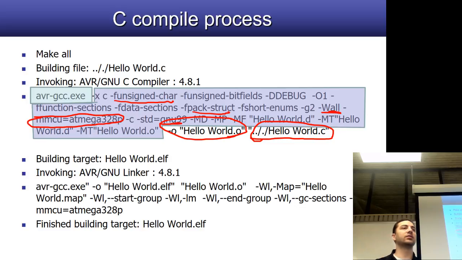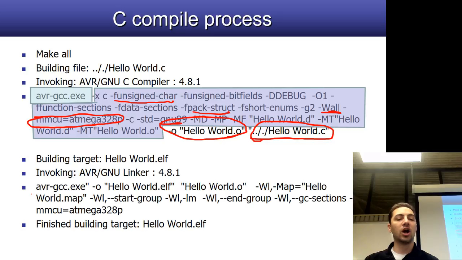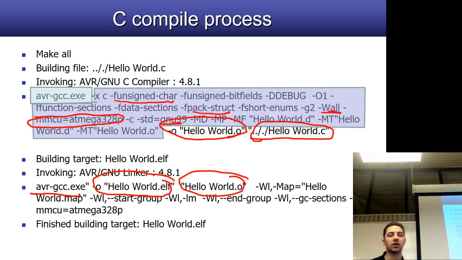Then it has to build another file on top of that. So now it says, go back. All right, we're calling AVR GCC again. This time we're going to build hello world.elf from the source file hello world.o. So now we're shifting formats a little bit. And again, we're targeting the 328p.